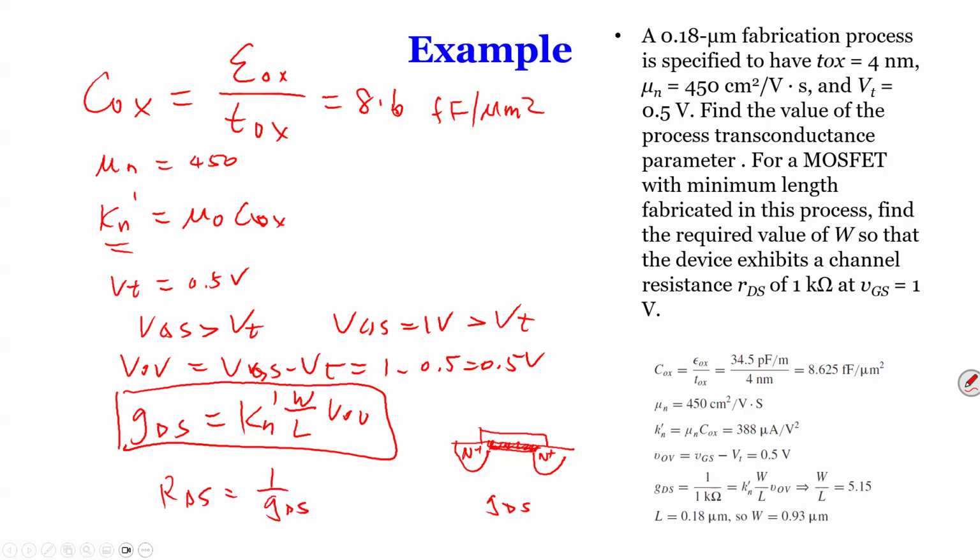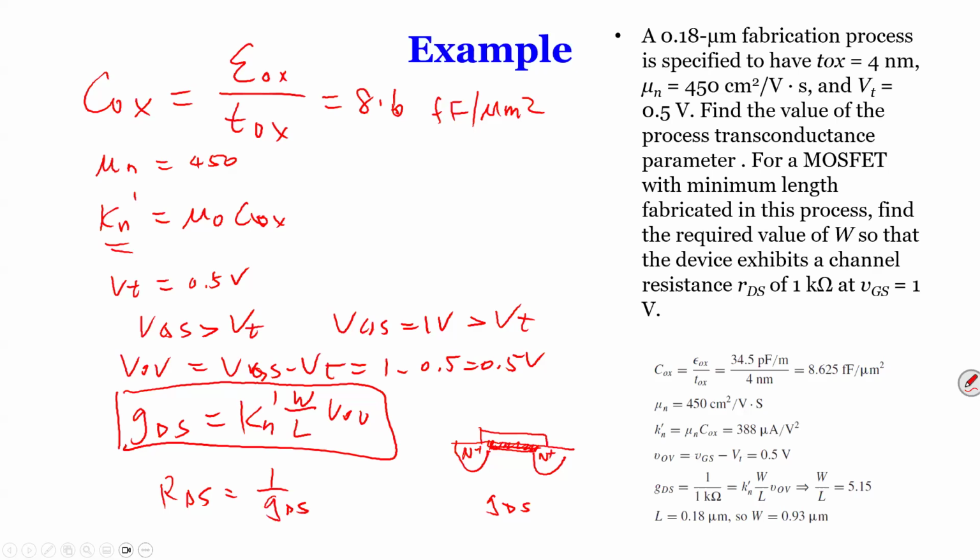Because as I mentioned earlier, the resistance between this one and this one is proportional to the length, and inversely proportional to the width. So that's why you have resistance here.